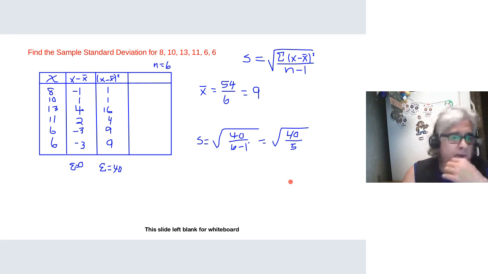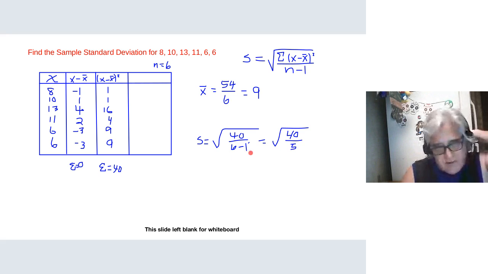So for the sample, that's the one thing that's different, is we got to subtract 1. I'm not going to really explain why, because I don't really think you need to know. You just needed to remember that.